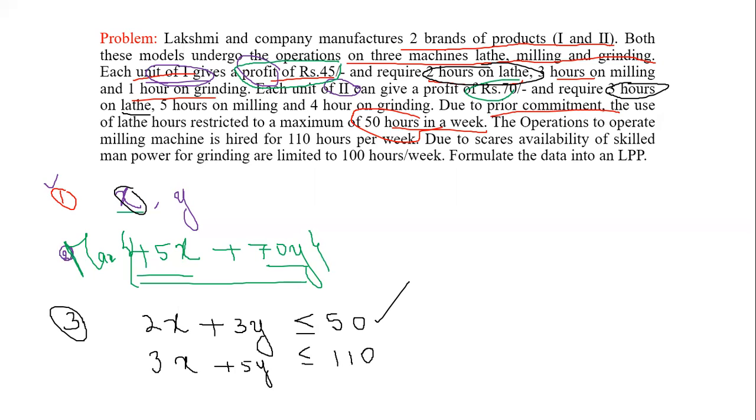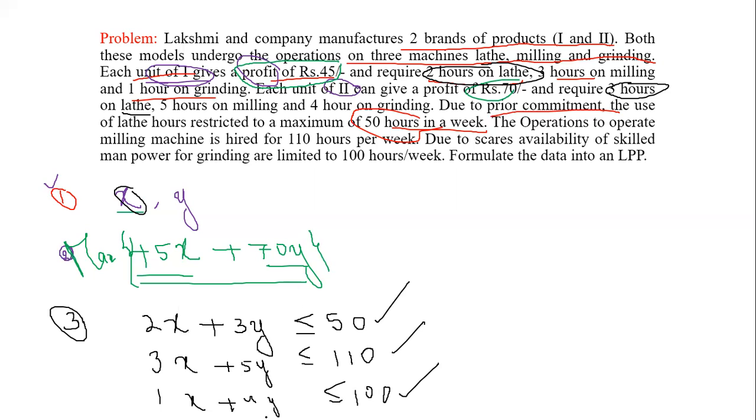Similarly, for the third, it will be 1 and 4. These coefficients will vary only: 1x plus 4y. Again, the condition is less than or equal to 100. Now I have 3 machines in the problem, so I will get 3 constraints. Only 3 constraints for the 3 machines.